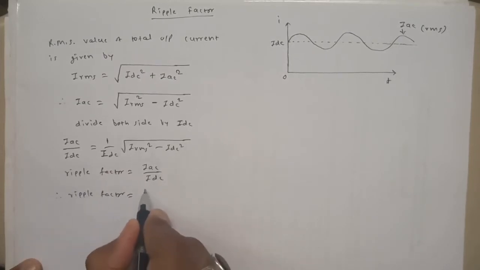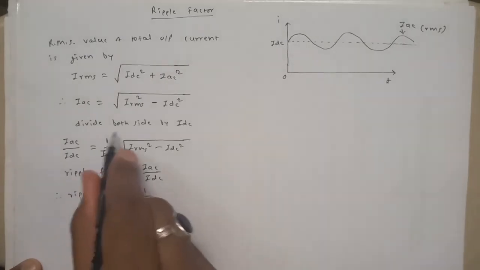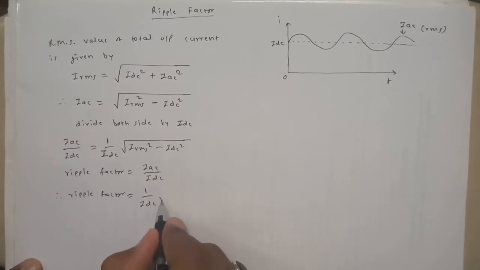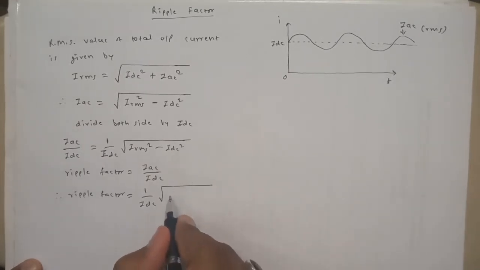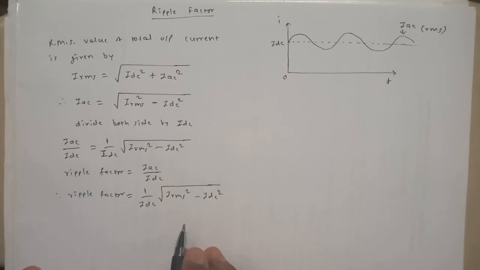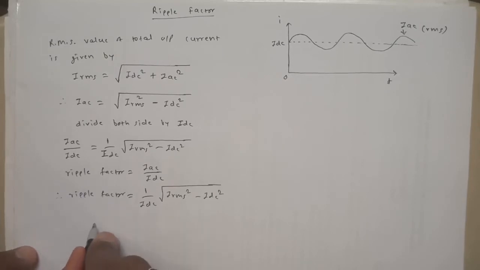Now we got the equation for the ripple factor, which is this, right? So 1 divided by IDC, under root this whole term, IRMS square minus IDC square, right? Now, for indicating this ripple factor, generally we use one symbol. So this symbol is this.